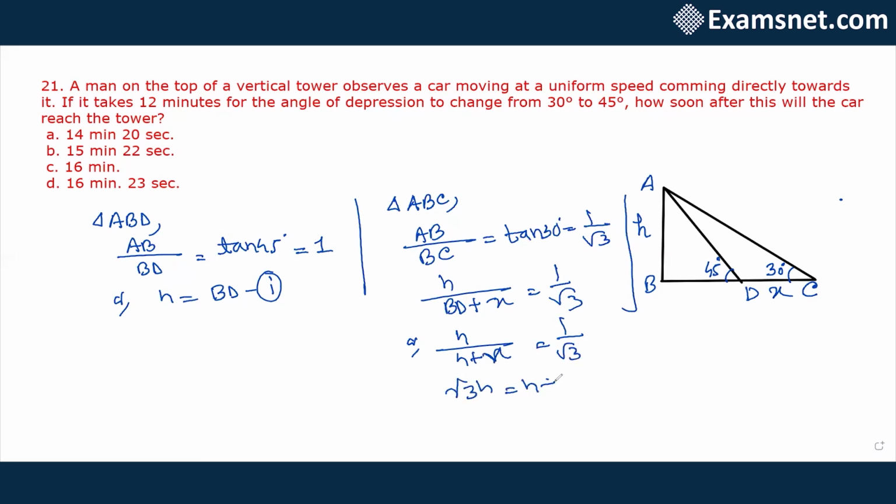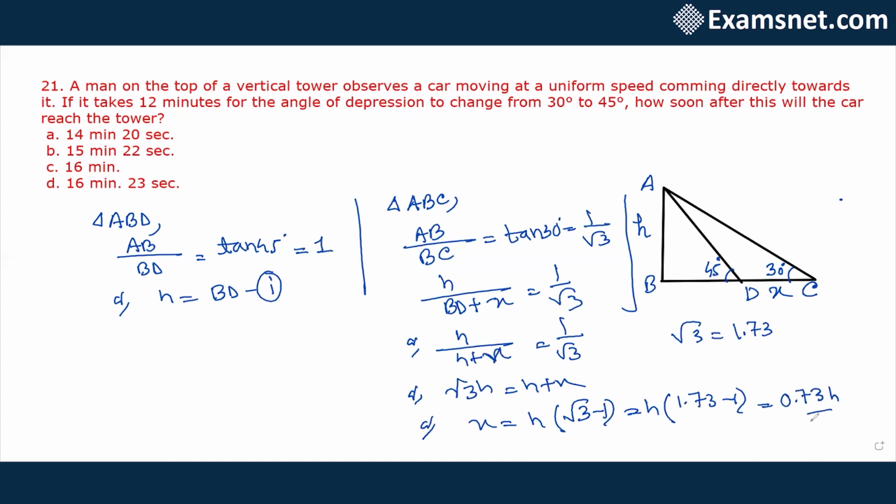So X can be written as, after taking H common, root 3 minus 1. Again, we are going to put the value of root 3. Approximately, we can take the value of root 3 as 1.73. So 1.73 minus 1 will give us the value 0.73 H. Look, this X meter is covered by the car in 12 minutes, right?